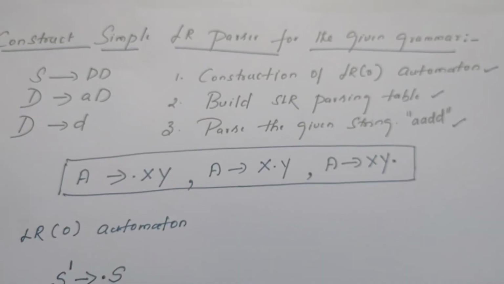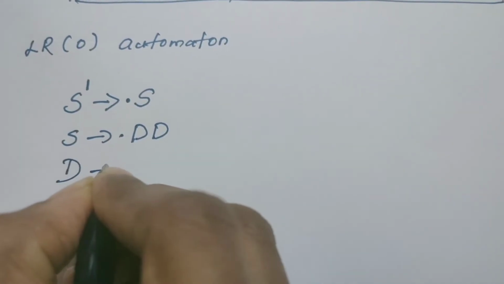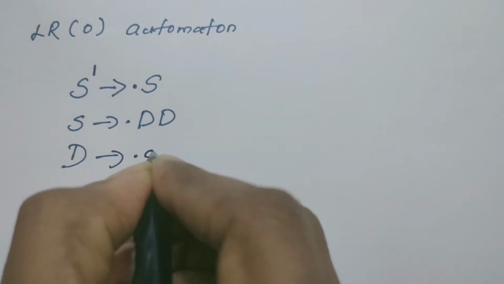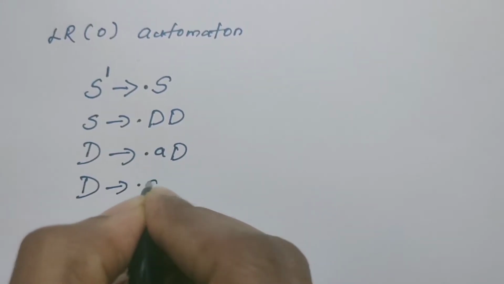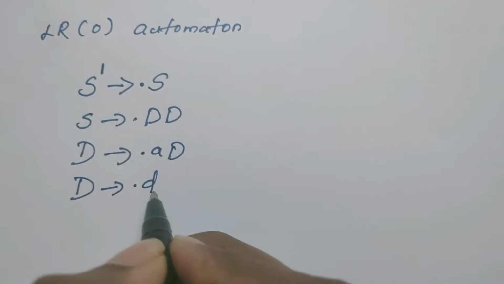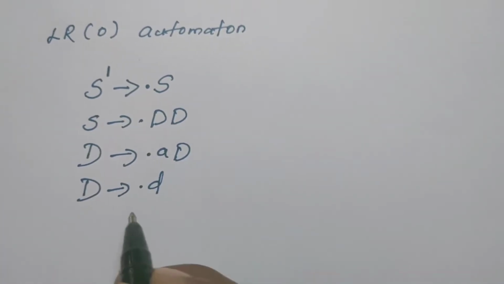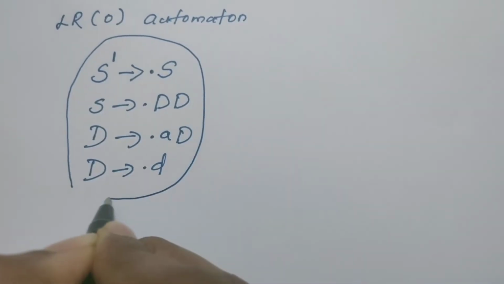After the dot, what non-terminal appears? D appears. So include the production rules for D. So D derives AD and D derives dot D. In both cases, after a dot, since a terminal appears, there is nothing more to add here. This is the start state of the LR0 automaton.